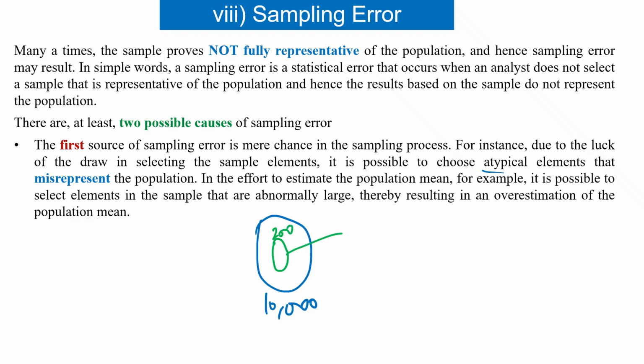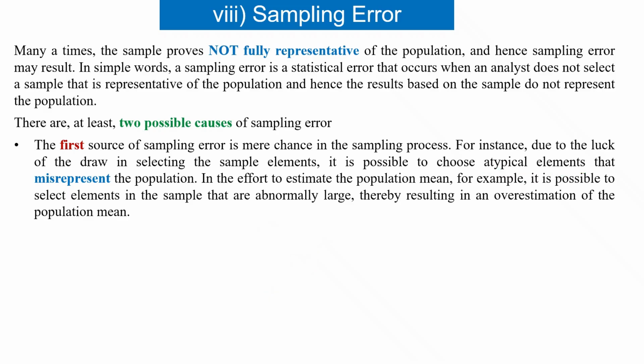Now, it so happens by chance that all these 200 students that you select are from a particular ethnic background, which tends to have lower height as compared to other ethnic backgrounds, let's say, as a theoretical possibility. So although your intention and process was correct, by chance it so happened that some atypical elements that do not represent the population correctly get selected in the sample. So this is also a case which can happen theoretically. We cannot rule it out.